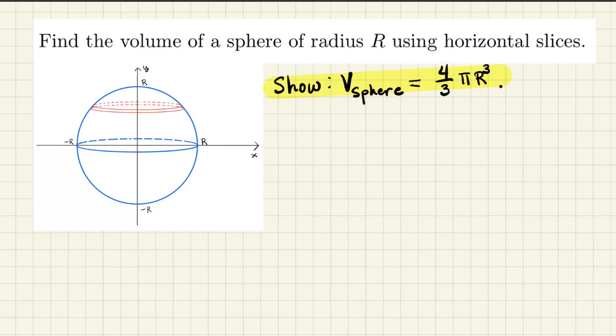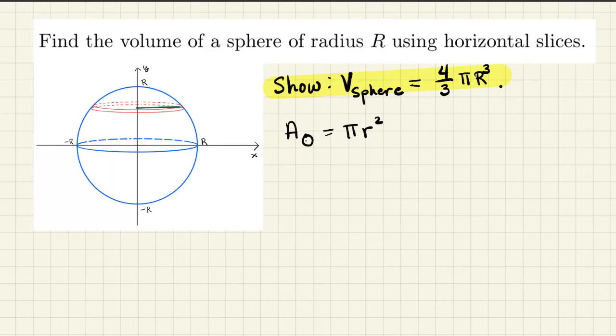Okay, similar to the previous example, note that the cross-sectional area of a sphere in a plane perpendicular to the y-axis for any y from negative r to r is a circle. Okay, so again, the area of a circle is equal to pi r squared. Okay? So, nasan yung r dito? Yung r dito ngayon ay from this point up to this point.